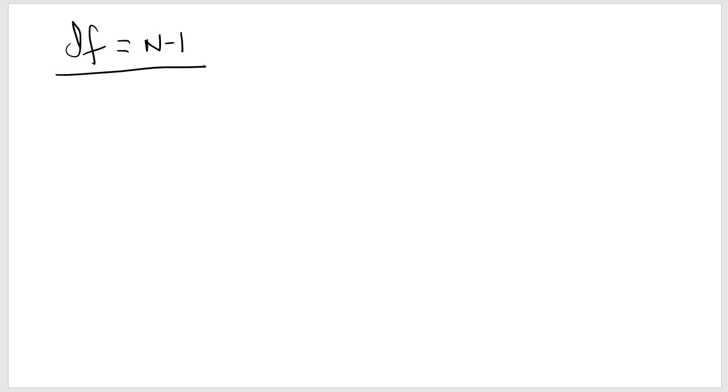Degrees of freedom means that if we have a mean of a particular number, so let's say we have a distribution that has a mean of 5, degrees of freedom means how many numbers in a particular data set are free to vary in order to maintain the mean. Let me give you an example.